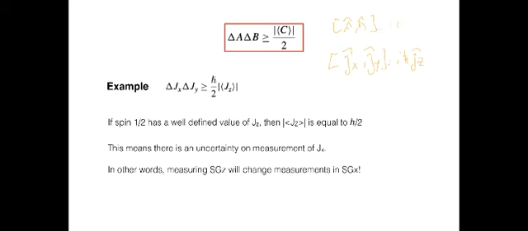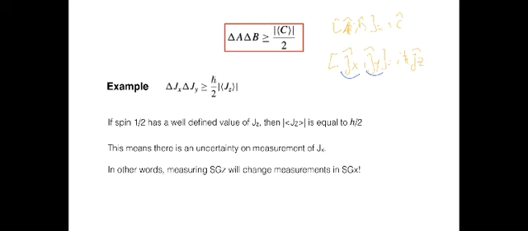A, B, and C have to be Hermitian, which is fine because Jx, Jy, and Jz are Hermitian, so we are in good shape. And so what it says is that the uncertainty on Jx times the uncertainty on Jy should be larger or equal to the absolute value of the expectation value of Jz divided by 2.